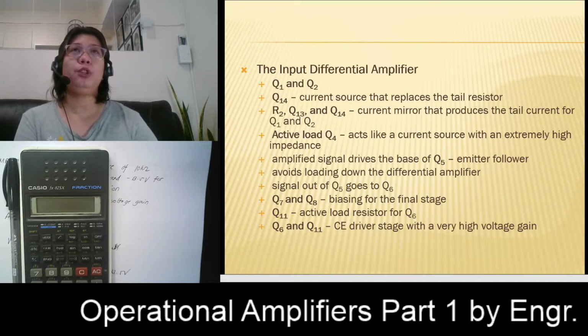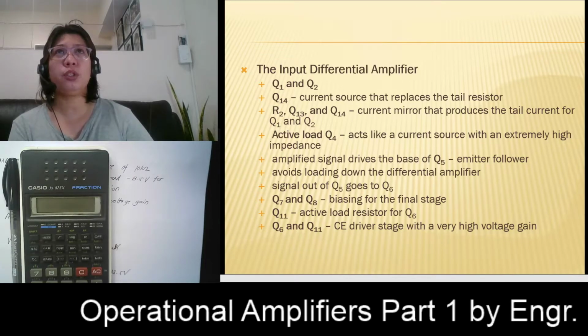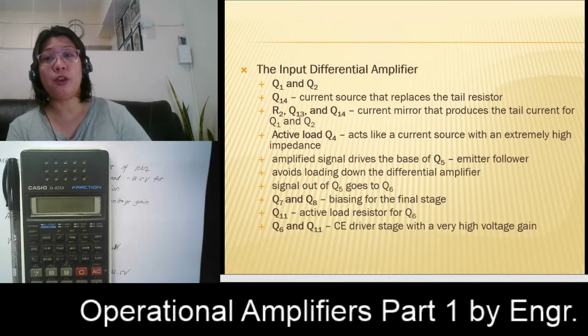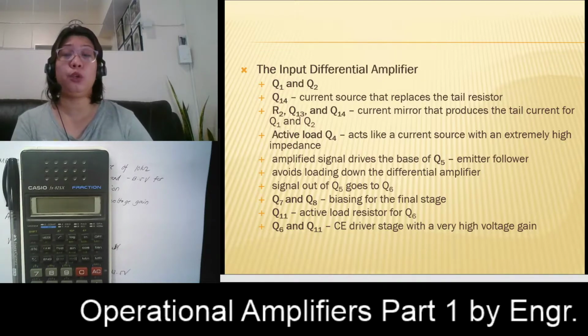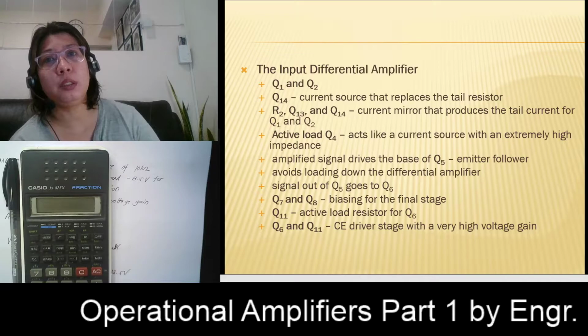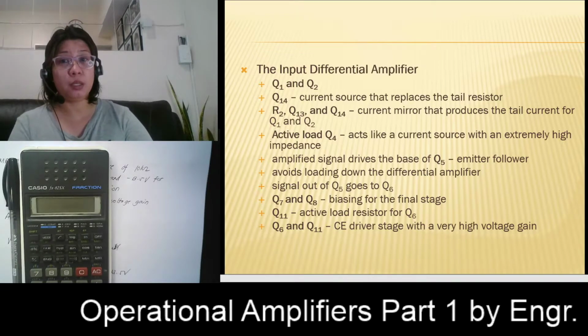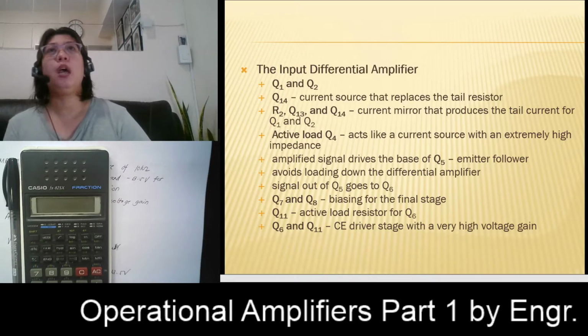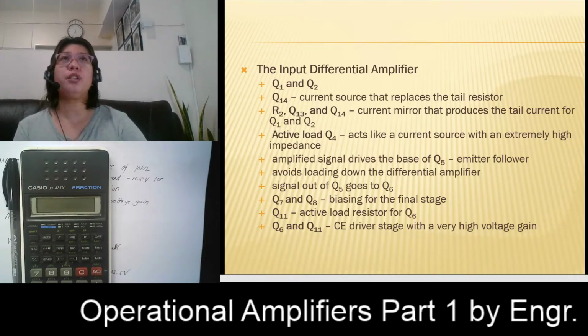Later on, when we're discussing, you just go back to the circuit so that you can determine. Your differential amplifier is technically your Q1 and your Q2. Q pertains to your BJT transistors. Your Q14 is a current source that replaces the tail resistor.